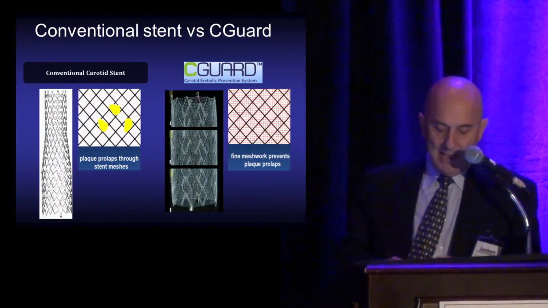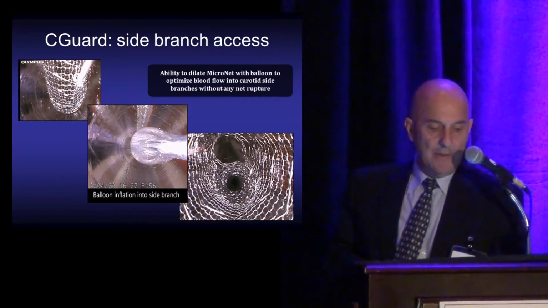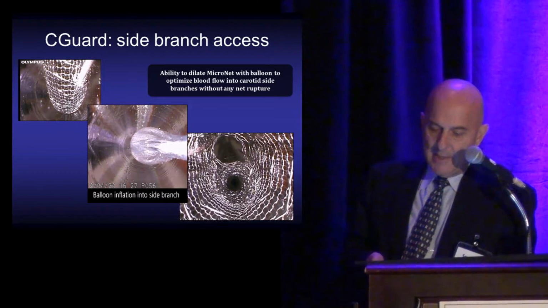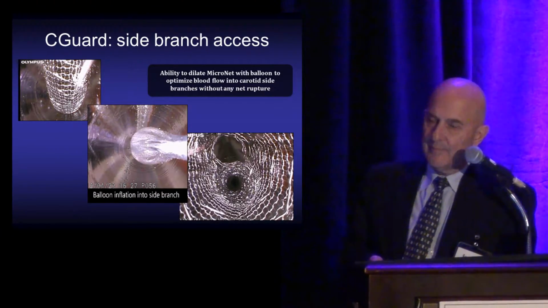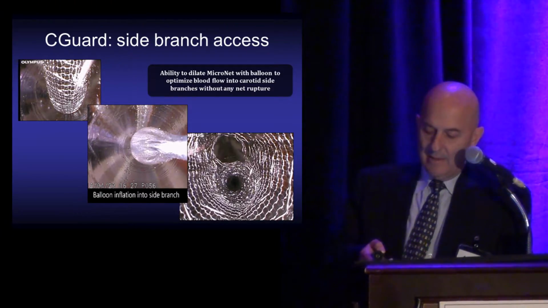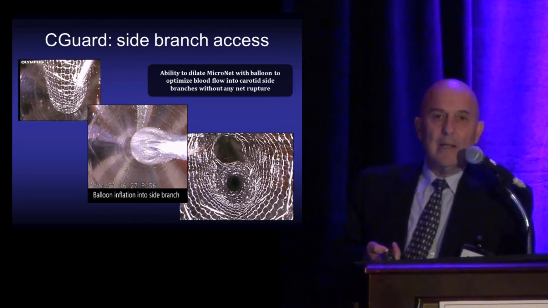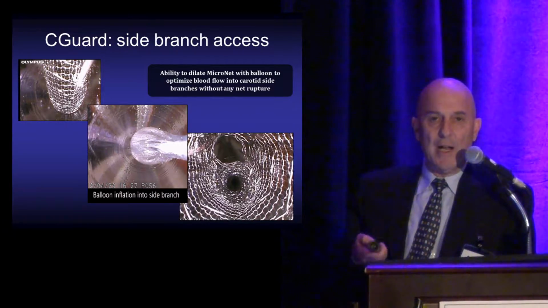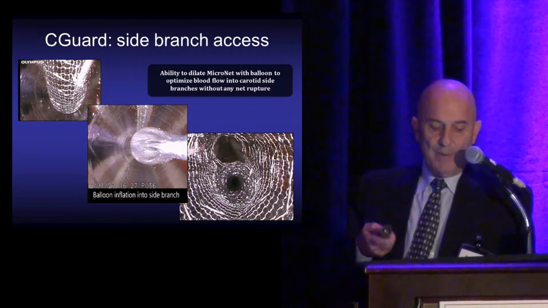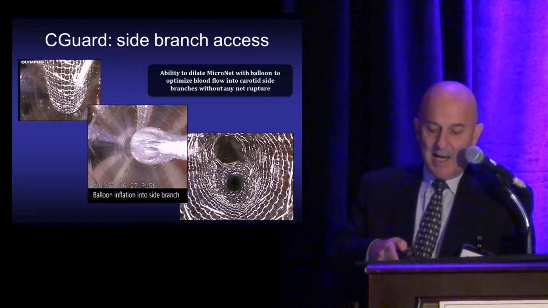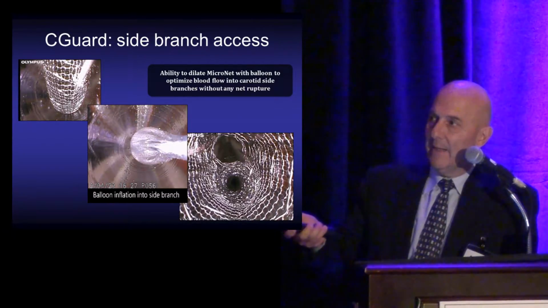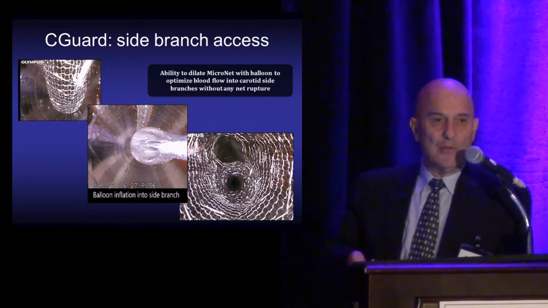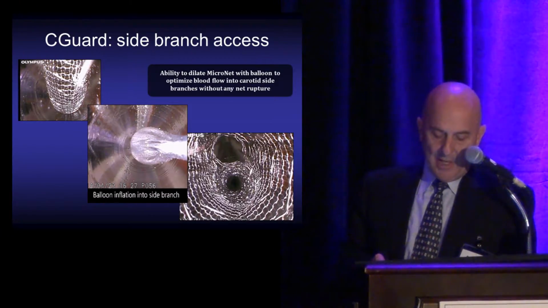And then, just to finish, the last stent that is available with this type of technology, the CGuard. As you can see here, the mesh is even smaller, to the point that, you know, if you think that you can eventually occlude the external carotid artery and you can jeopardize the flow, you can go through the mesh and balloon dilate that to increase the size of that exit to maintain flow in the external carotid artery.